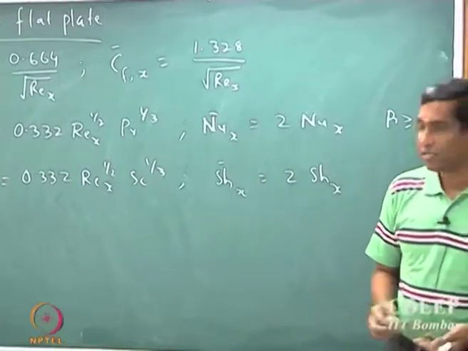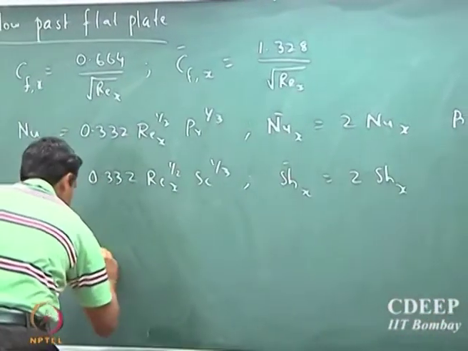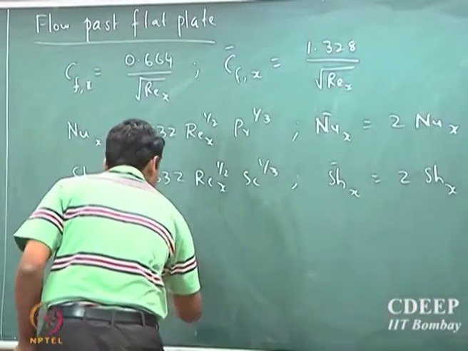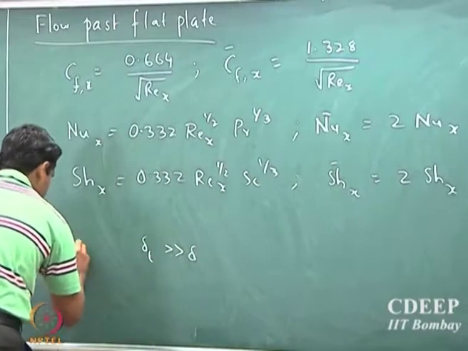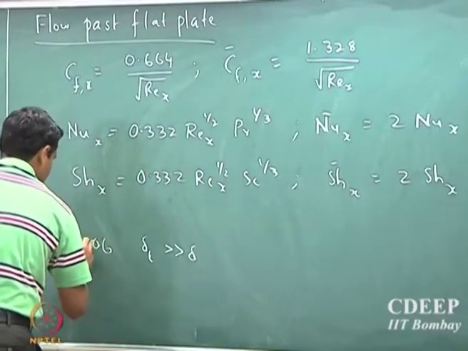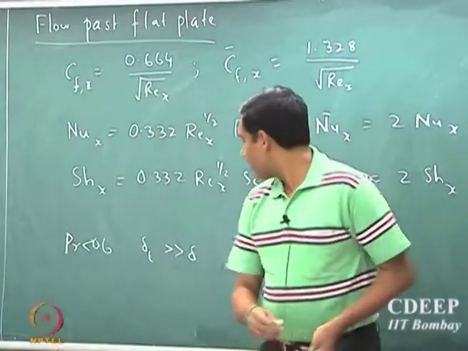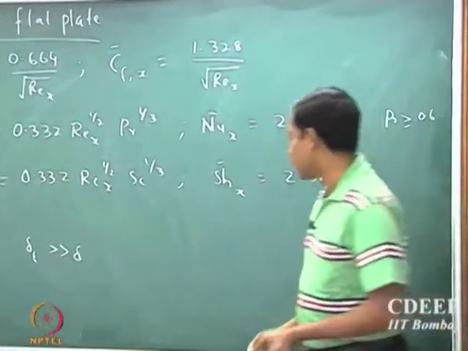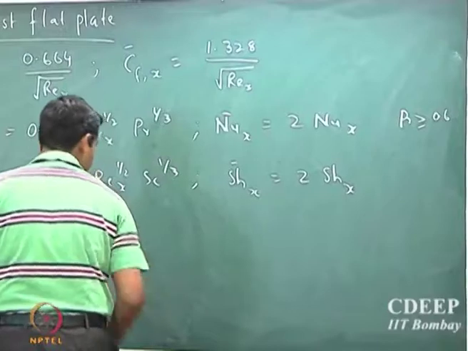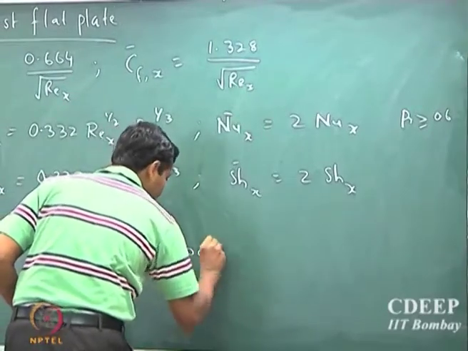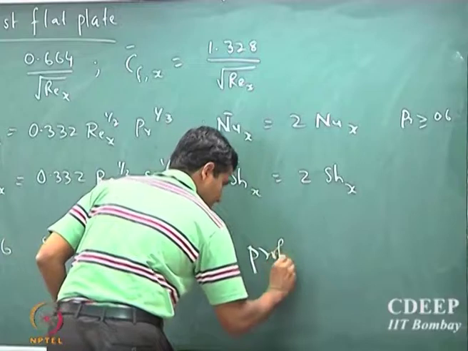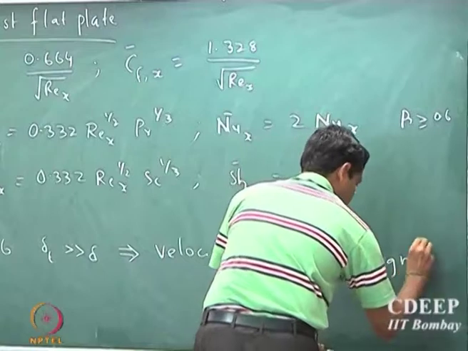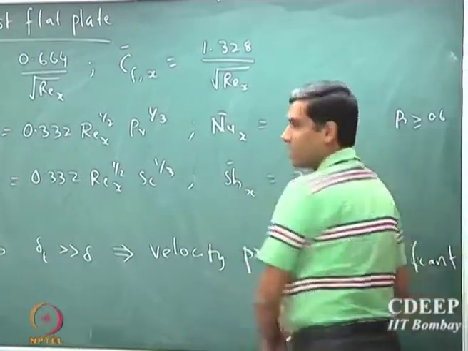So when it is less than 0.6, what happens is that the thermal boundary layer thickness is usually larger than, for very small Prandtl numbers, the thermal boundary layer thickness is much larger than that of the momentum boundary layer thickness, which also implies that the velocity profile is insignificant.